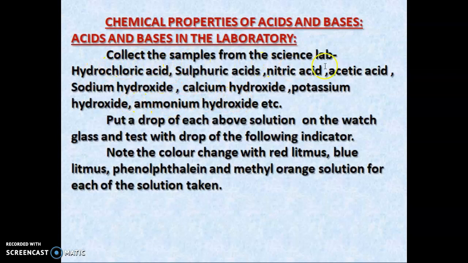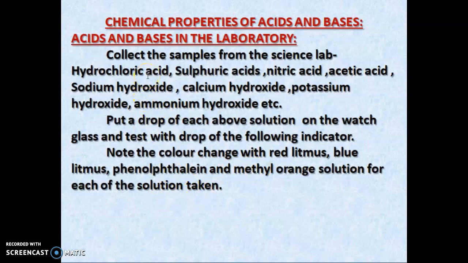The first ones are the acids and below them are the bases. Now put a drop of each of the above solutions on a watch glass and test with a drop of the following indicators. Note the color change with red litmus, blue litmus, phenolphthalein and methyl orange solution for each of the solutions taken.